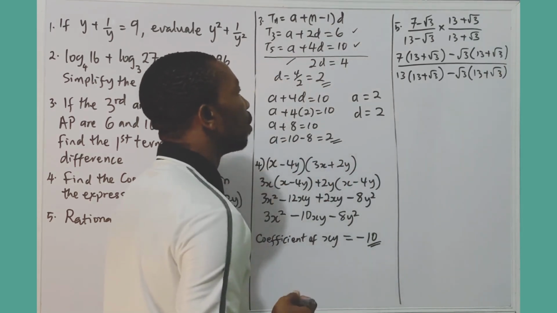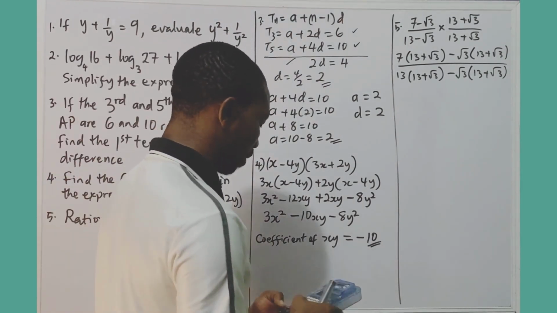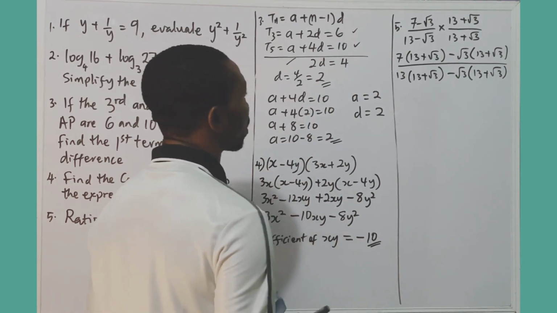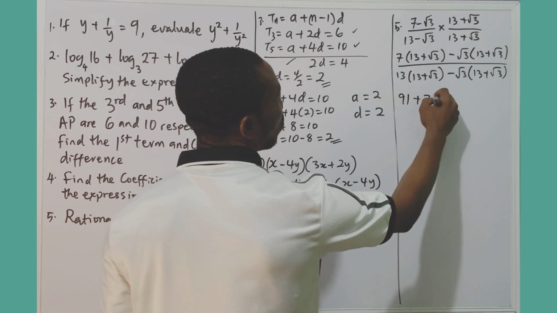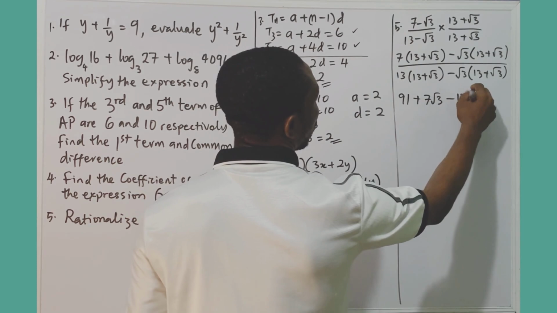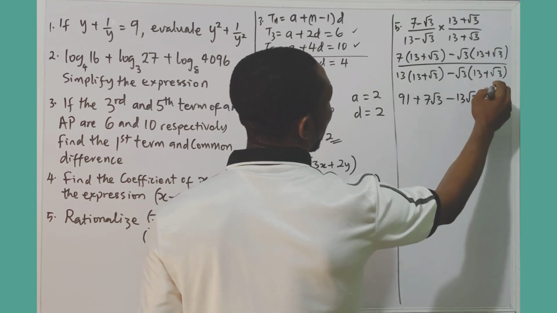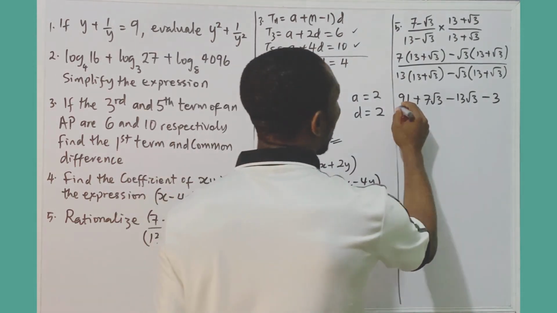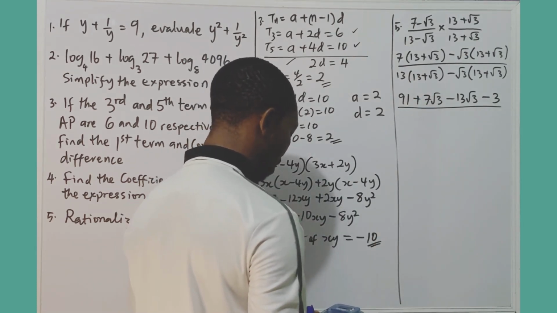Okay, now 7 times 13 gives us 91. So this becomes 91 plus 7 root 3. Now minus 13 root 3, minus times plus gives us minus 3. Root 3 times root 3 will give us 3, all over 13 times 13 is 169.